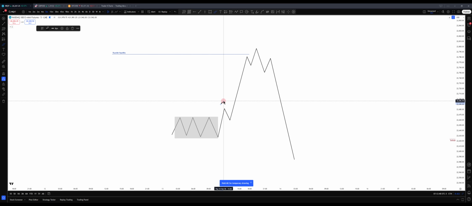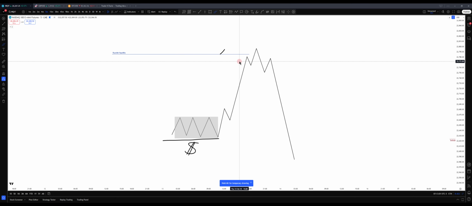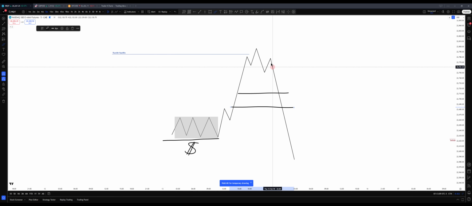It leaves liquidity, goes to the major buy side liquidity of the day with speed and momentum. It gives you a feeling that you're going to miss the trade, and what you're trying to do is buy from the retracement, which is most likely going to fail. It's going to give you some little reaction back into the bearish PD array, and then boom.